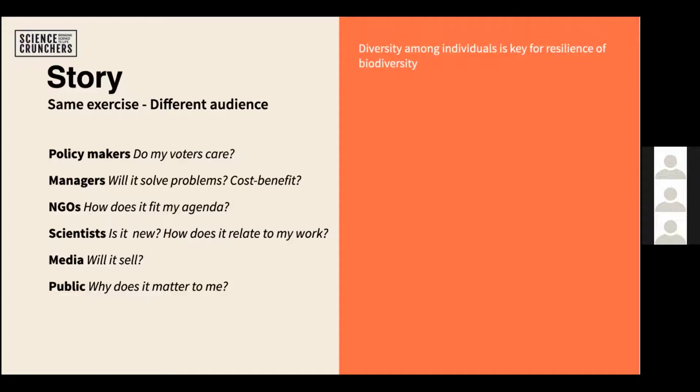And this sentence could be applied to many of the audiences on the left side, but I would say even to policymakers, because voters will probably care about biodiversity. I know this is quite a bold statement. Some people don't care about biodiversity, but it's a way to try to engage people, to give some value to the research that is being done on the drivers of biodiversity.